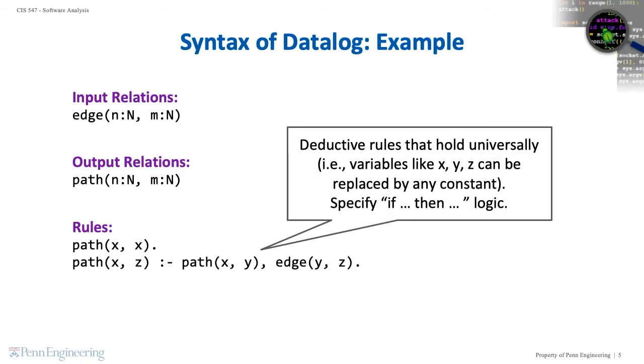In order for the Datalog program to compute the output relations from the input relations, we must provide rules of inference. These are deductive rules that hold universally. They specify logical if-then statements.